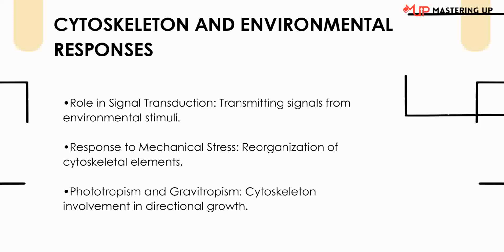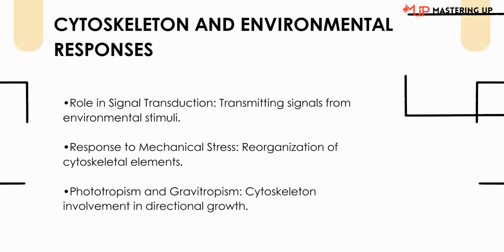The cytoskeleton is involved in these processes by enabling the redistribution of organelles and molecules such as auxin, a key hormone that regulates directional growth. In phototropism, the cytoskeleton helps relocate auxin to the shaded side of the plant, promoting cell elongation on that side and bending towards light.